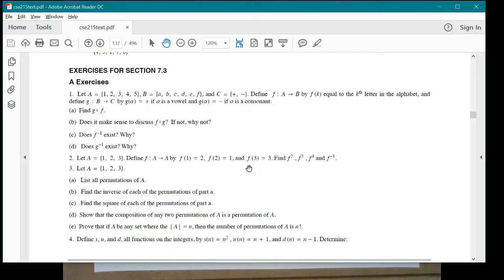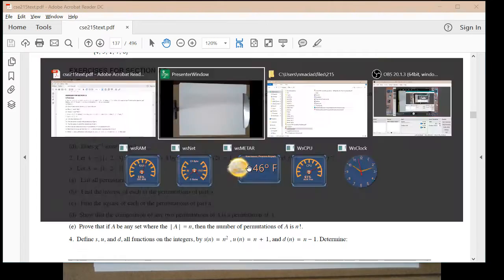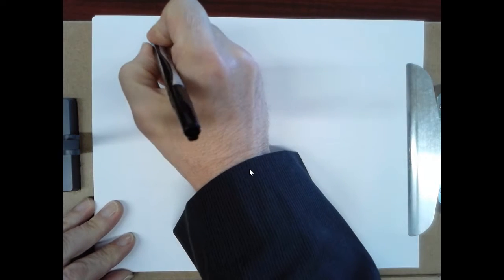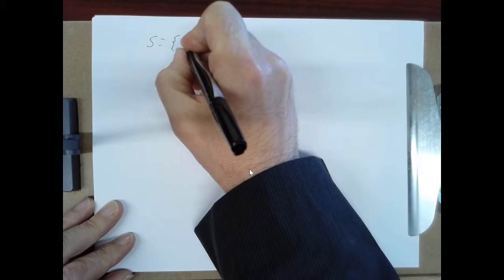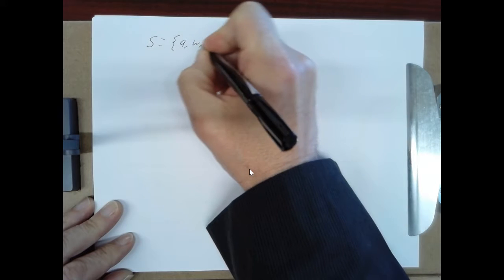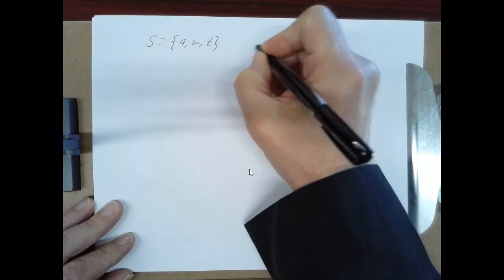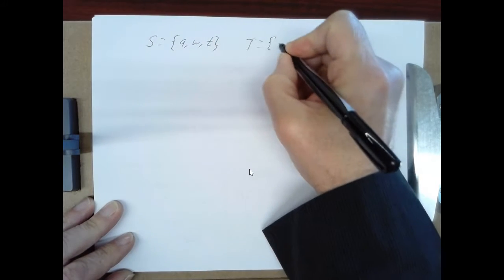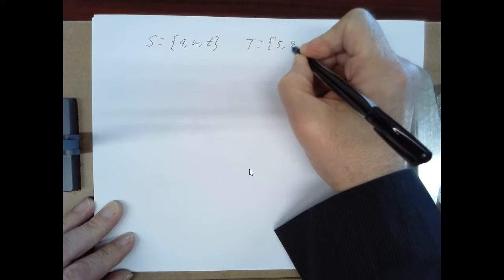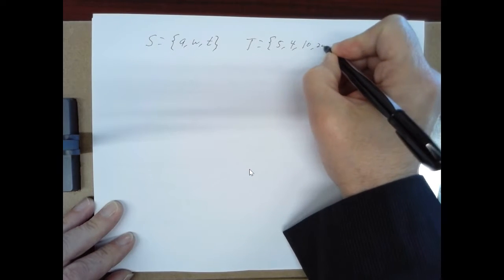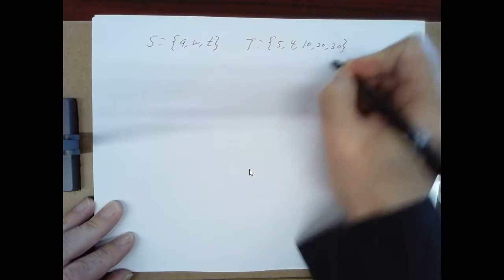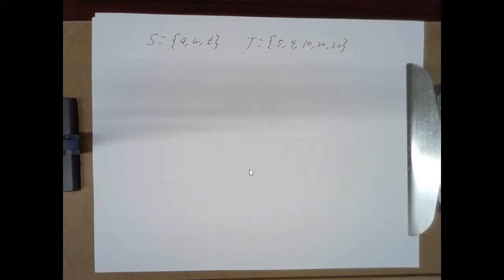So do you remember what inverse functions are? So it looks like 1 over, but it's actually not. So for functions, so there's 2 arbitrary sets.